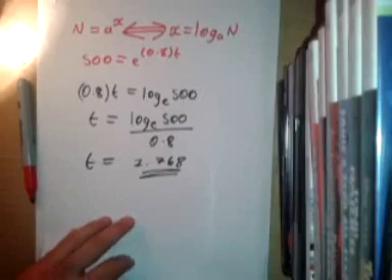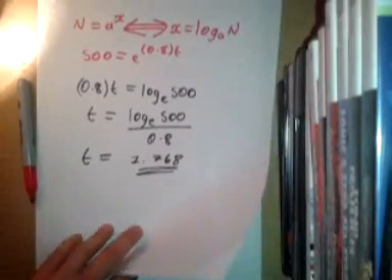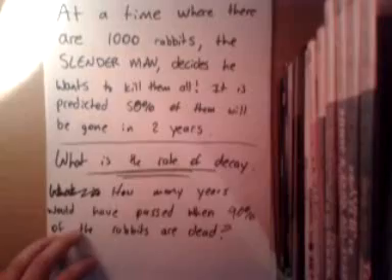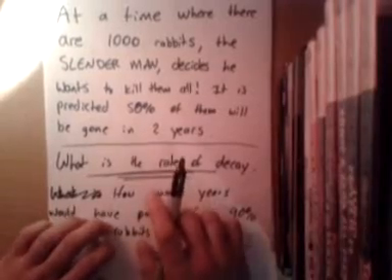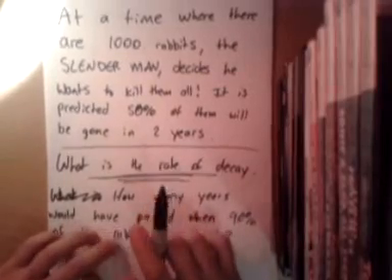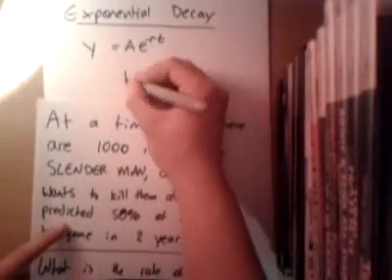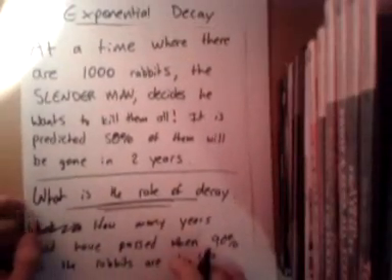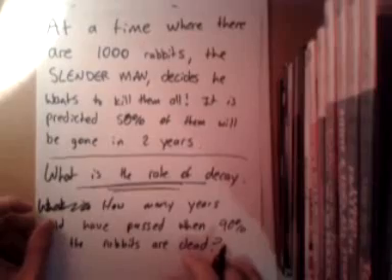However, not all is good for the people of Rabbit Land. The Slender Man has come to Rabbit Land. A very badly drawn Slender Man. So, at a time where there's 1,000 rabbits, which is our initial, the Slender Man decides he wants to kill them all.